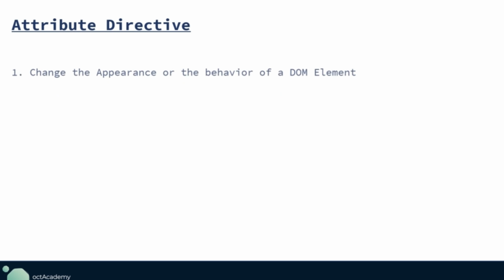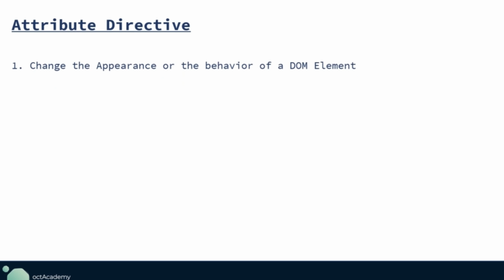So let's look at the attribute directive. What is an attribute directive? An attribute directive changes the appearance or behavior of a DOM element. We can name ngStyle and ngClass directives as attribute directives. You guys already knew, with these attributes, we applied styles to an element conditionally.